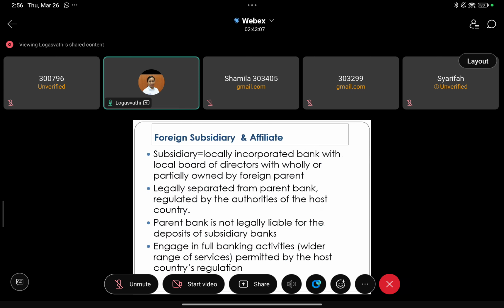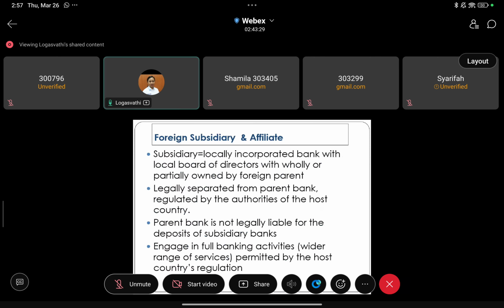And normally the subsidiary is regulated by the host country. The parent country cannot touch the subsidiary's deposits, and subsidiaries can provide full banking activities. Meanwhile, for the affiliate, the ownership is partially owned by the foreigner.